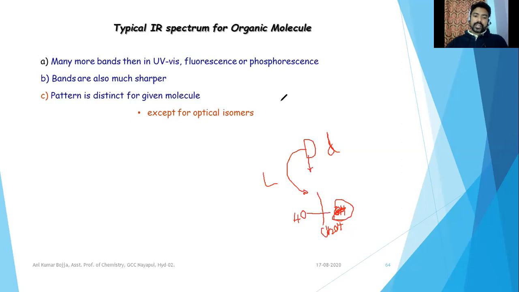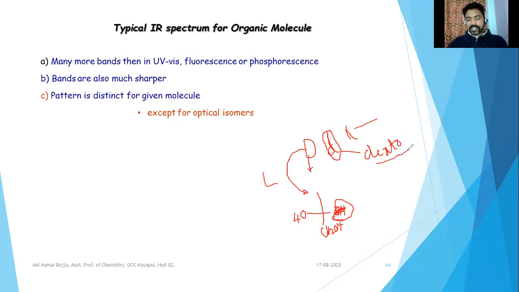So here, when we discuss optical isomers, there is the matter of small d and small l. Small d represents dextro, whereas small l represents levo.